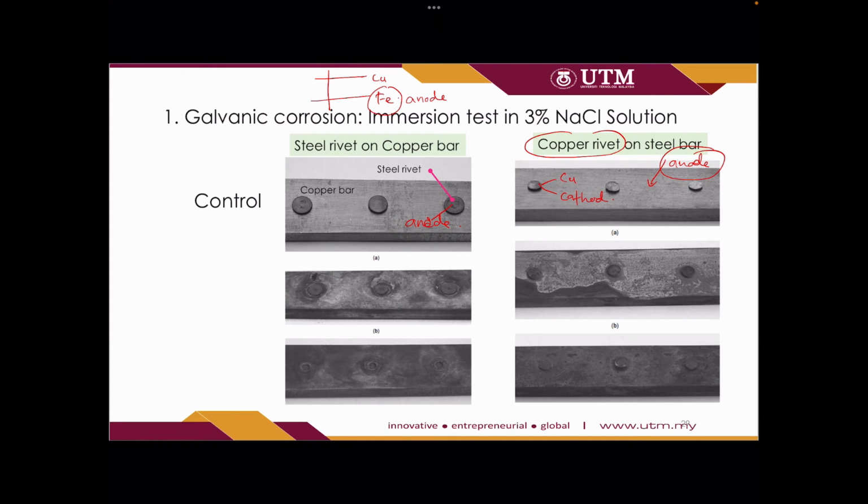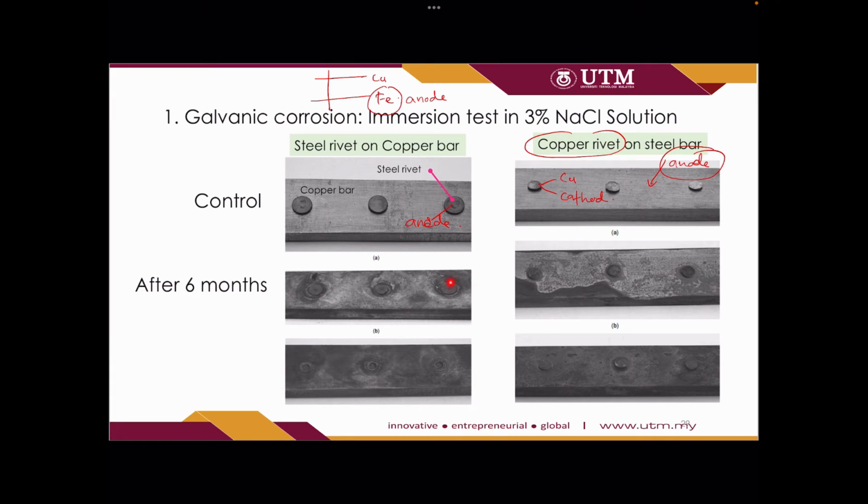After some time exposed to this 3% sodium chloride solution, after 6 months you will see that the original shape of the rivet seems degraded. It dissolves in the electrolyte. But if your anode is the plate, you will see corrosion happen on the surface of the plate, but the rivet is still there. It still functions as a rivet.